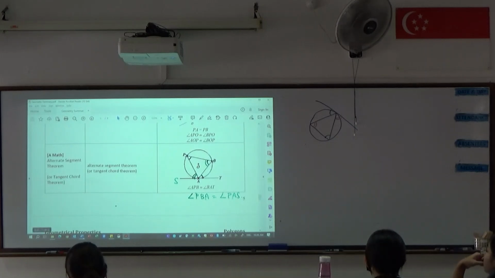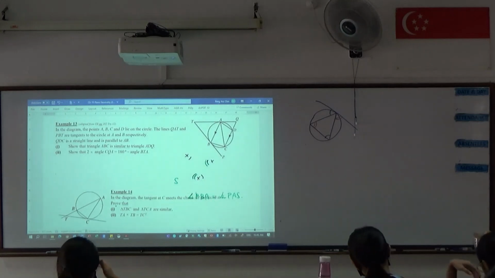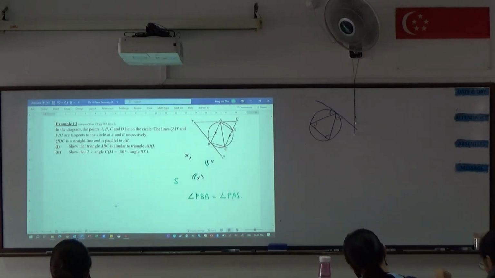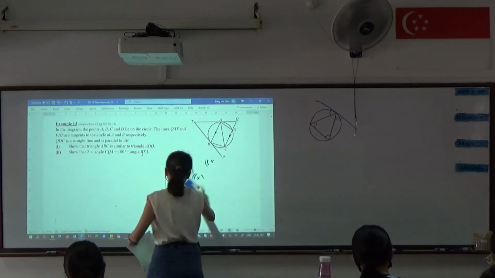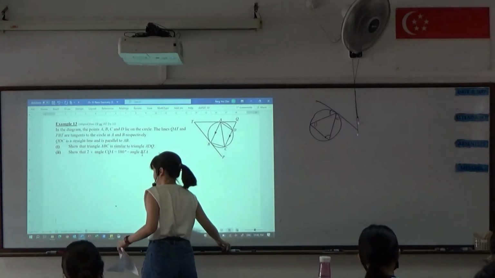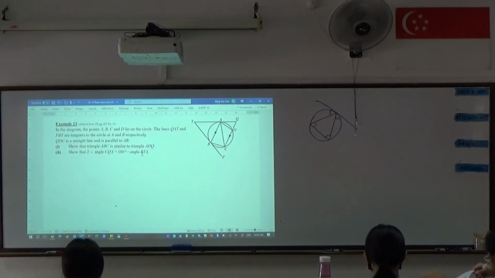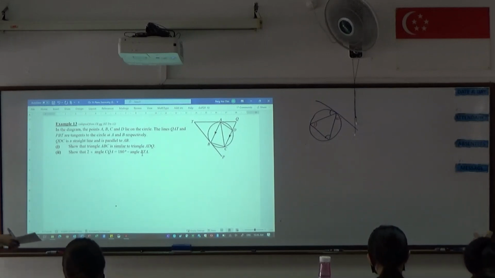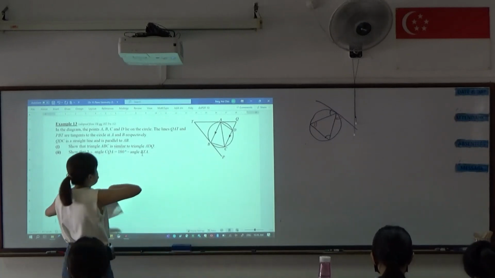Let's do a question. In this diagram, there are points A, B, C, D that lie on the circle. The lines QAT and PBT are tangents at A, B respectively.